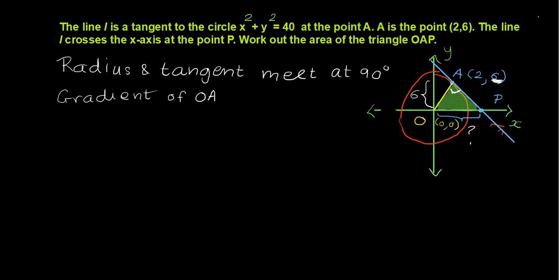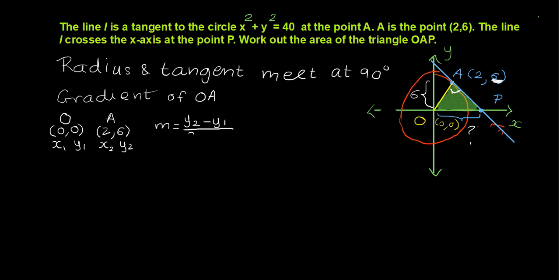So the first point is O, and the coordinates are 0, 0. And the second point is A, and the coordinates are 2, 6. So I'm going to label it as x1, y1, and that's x2, y2. To find the gradient of OA, I'm going to use the formula y2 minus y1 divided by x2 minus x1.